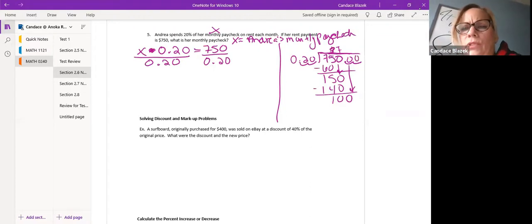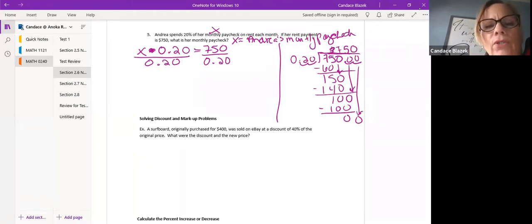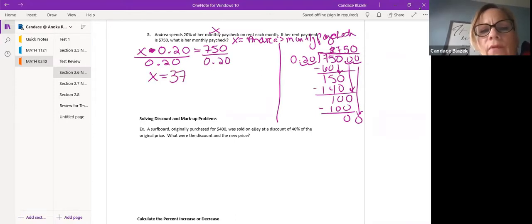Here's, I guess there's one more 0. So 20 goes into 100 5 times. Okay, subtract. I have a 0, but I have to bring this 0 down. And I completed my division. So 750 divided by 20 hundredths is 3,750.